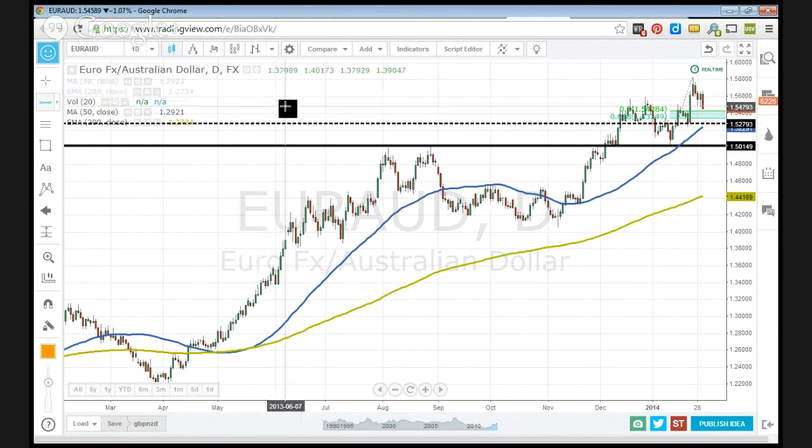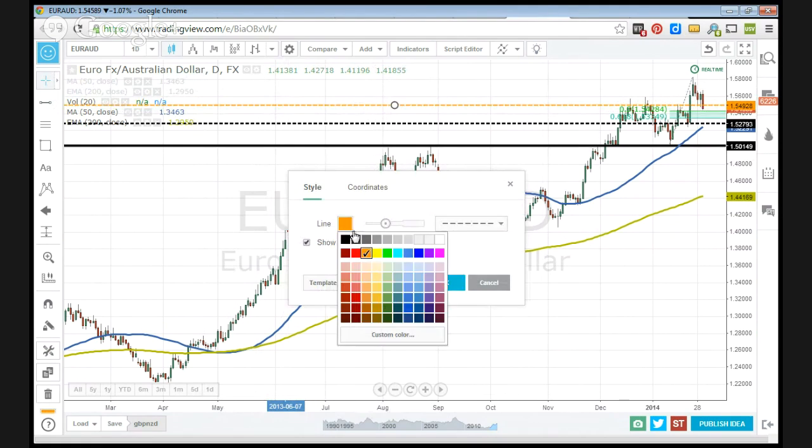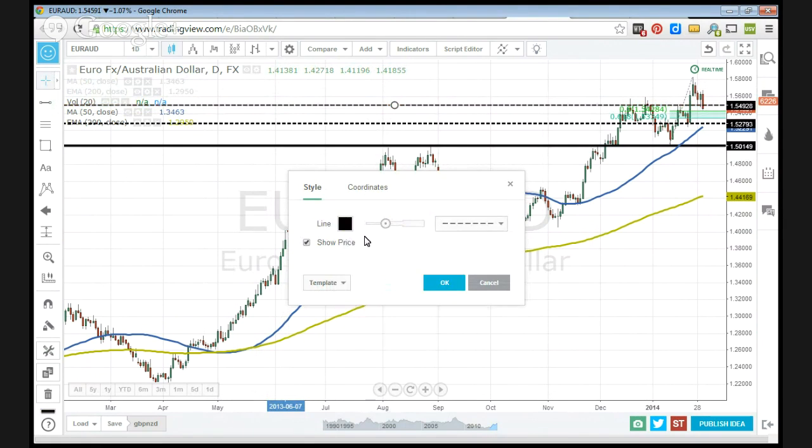There's this level here. Okay, and let's change the color of that. Make that black. Okay. And we are bouncing off that. We are at this 50% Fibonacci retracement. So this is potentially interesting.